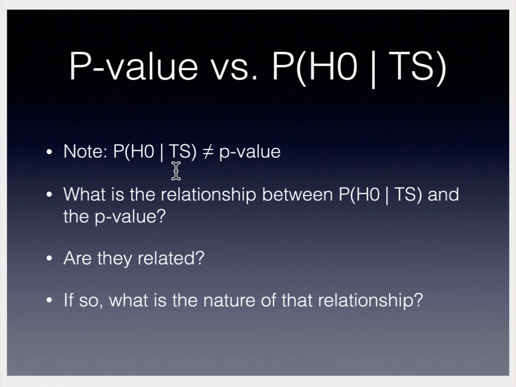The p-value is not the conditional probability that the null hypothesis is true given the value of the test statistic. Now we might ask the question, what is the relationship between this conditional probability and the p-value? Are they related? And if so, what is the nature of that relationship?